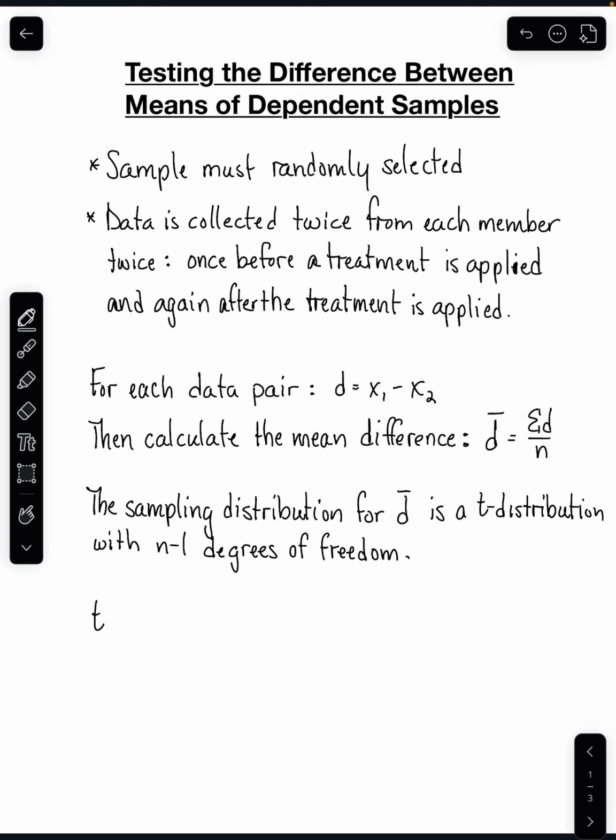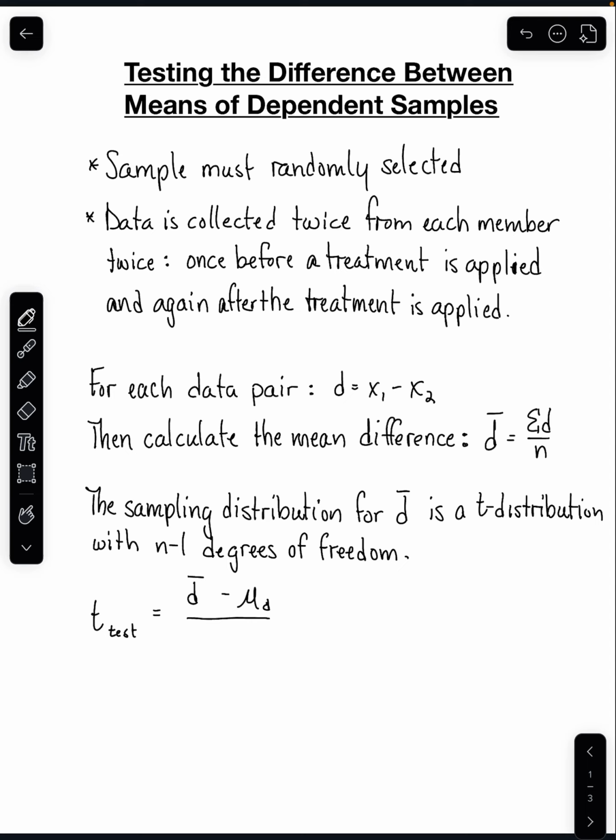The idea then, of course, is that the test statistic is going to be a t-value, and it's going to come from the sample mean difference minus the claimed mean difference of the population over the standard deviation of the population of the differences.